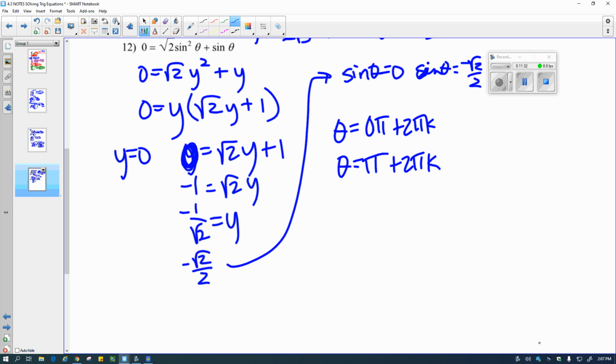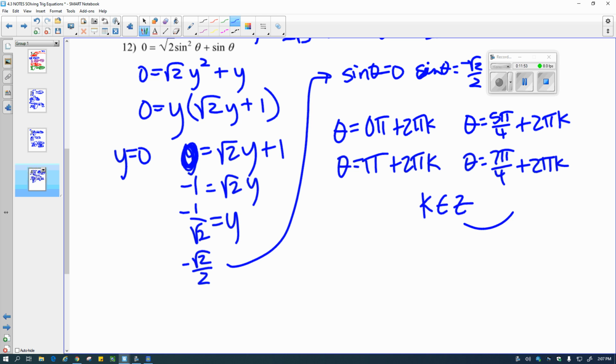And the sine is negative square root of 2 over 2 in the pi over 4 family in the third and fourth quadrant, so that's 5 pi over 4 and 7 pi over 4. And again, I'll add my 2 pi k. Don't forget, k is an element of the integers. And there's my final answer.